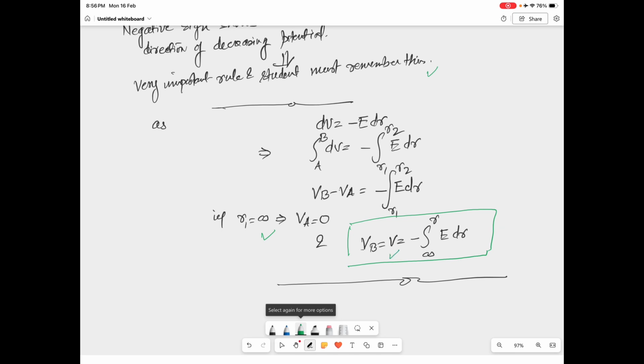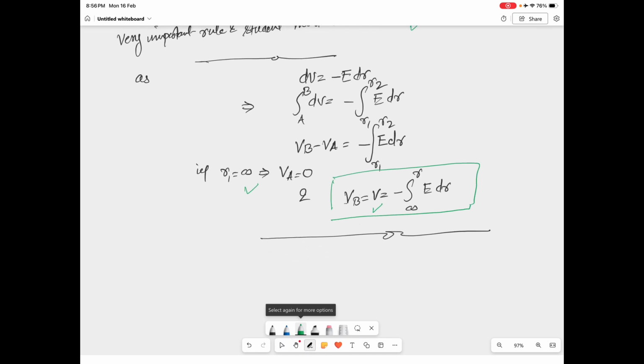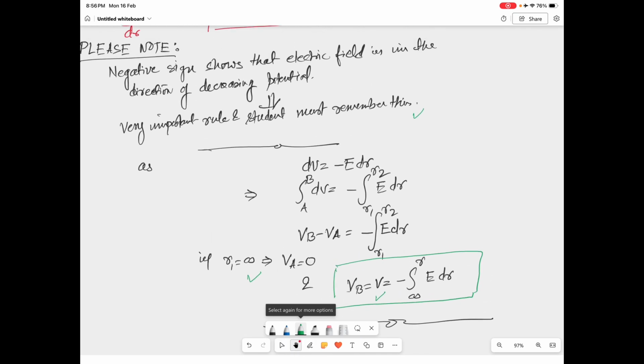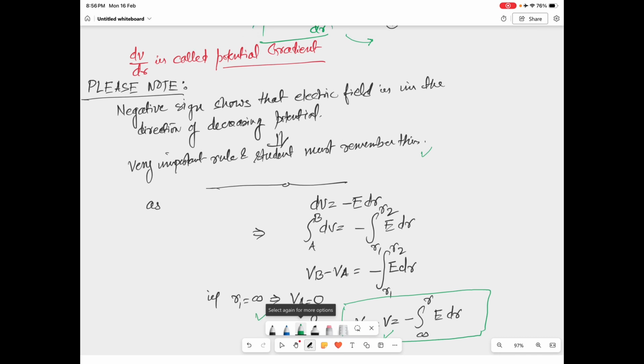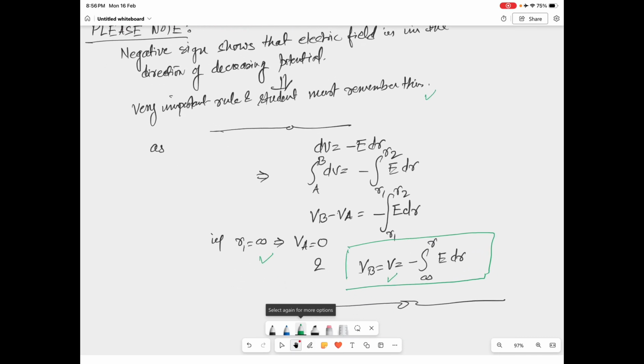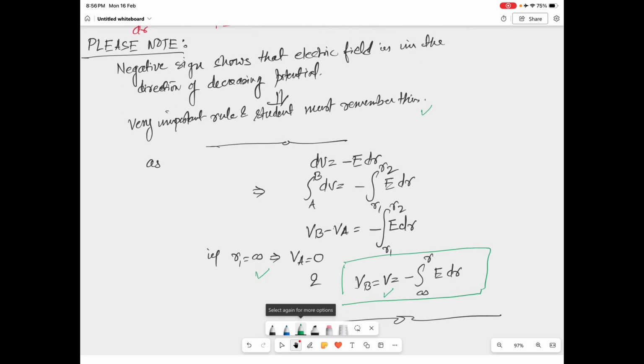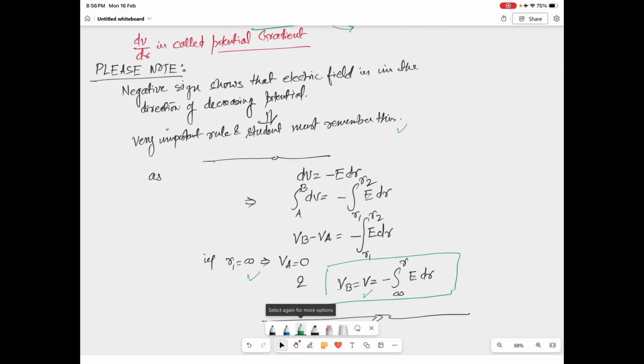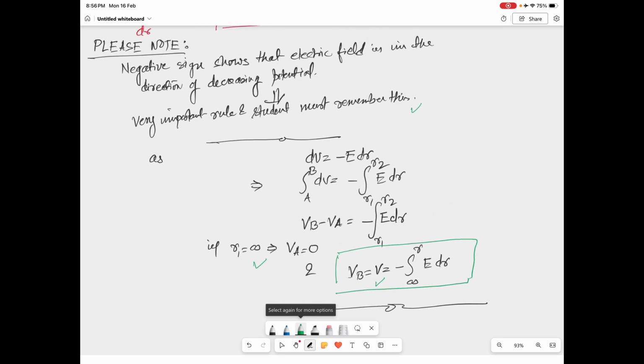So your potential will be defined as minus integral from infinity to R of E dr. So this is a very important relation. We will come with the numerical examples, the capacitance, and many other applications and solved examples on this in our coming lectures.